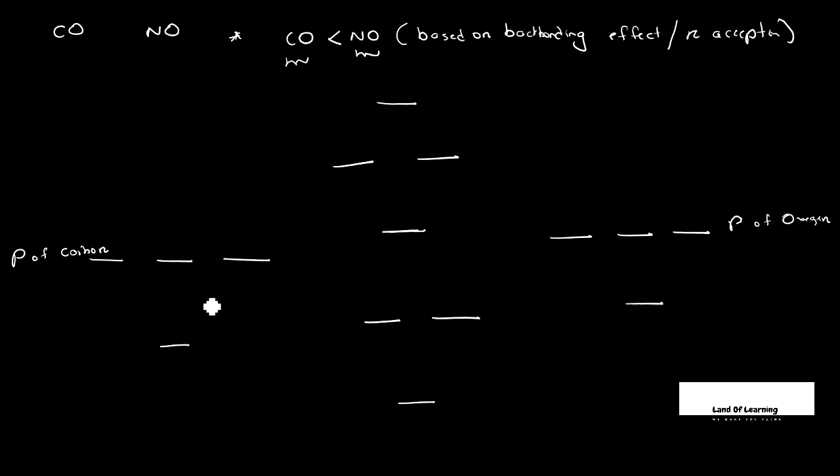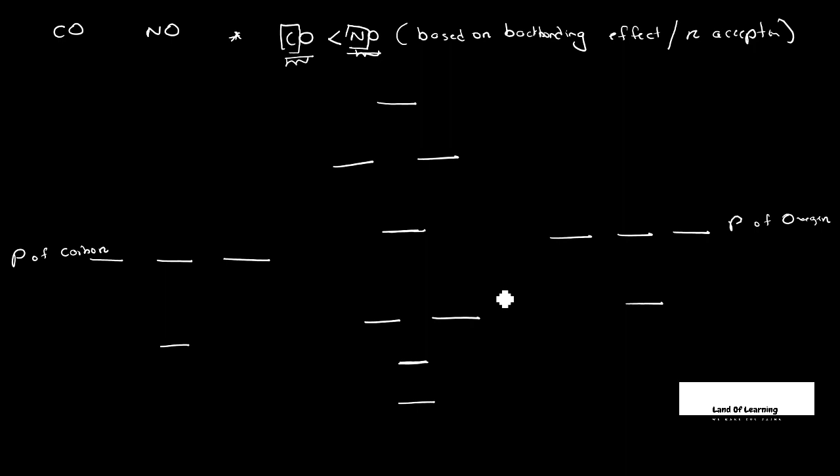Now what is the difference between the carbonyls and nitrosyls? Here we have a carbon, here we have nitrogen. I just made a small mistake. There should be another sigma here. Now it's okay. Here we have bonding and antibonding. I hope you know the molecular orbital diagram.